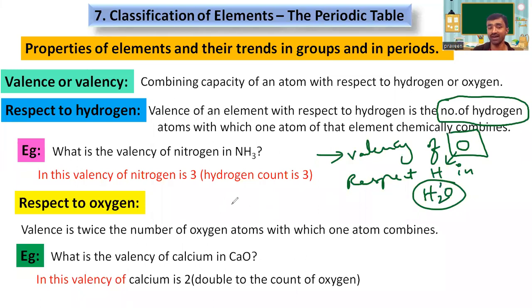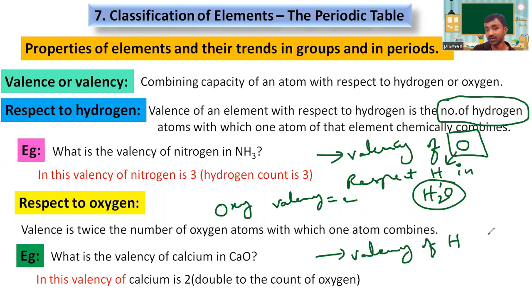So oxygen's valency is 2. Then the valency of hydrogen with respect to the oxygen atom. What to do? If you count oxygen atoms, make it double.